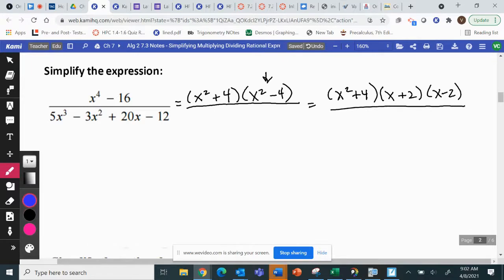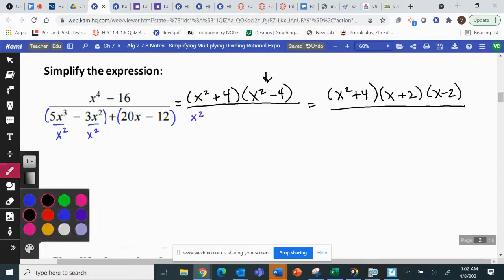In the denominator, we have to do grouping. Remember, I have to have a plus sign in between. We're going to take out x squared, so I have x squared times 5x minus 3.